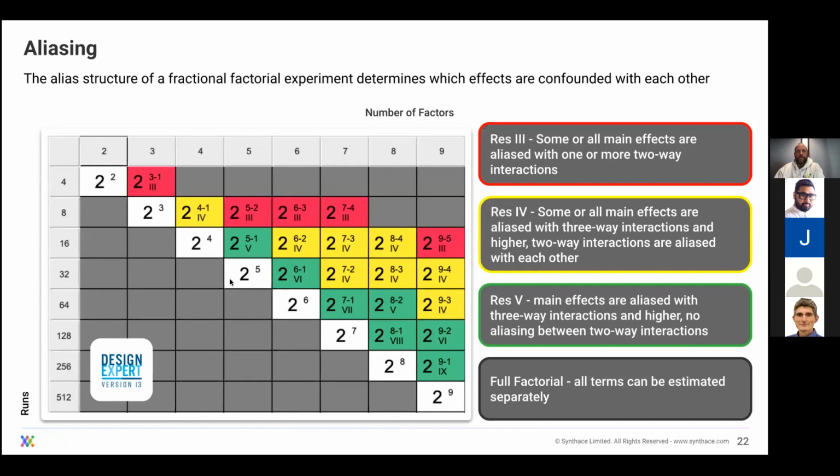This table is from Design Expert, and it shows you the different aliasing resolutions of designs for two-level fractional factorials. The resolution depends on the number of factors included and the number of runs required. To simplify the protein expression example a bit, let's reduce the number of experiment factors to 4.